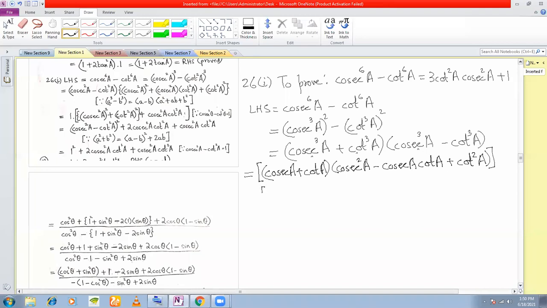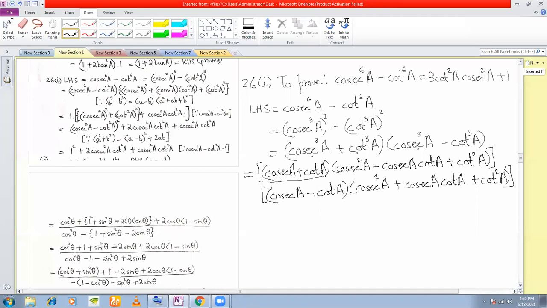And for the second one, you have a cube minus b cube, which is cosec A minus cot A into, this is a minus b, a square plus ab plus b square, right?